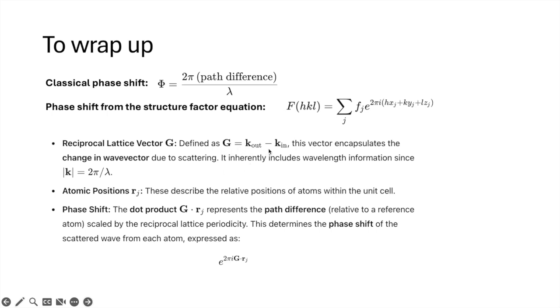In this case specifically, because g is correlated with k, the difference between k out and k in, and k scales with lambda, that's where we have the lambda information in our phase shift in this expression. And in the exponential form, the phase shift is expressed as e to the power of 2 pi i g dot r. And this is the essence of the structure factor equation.